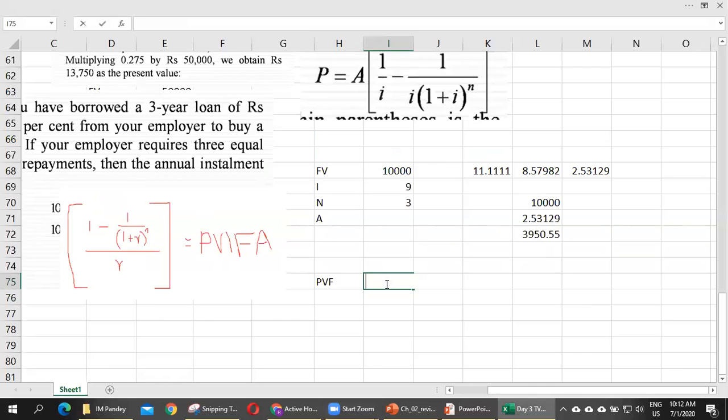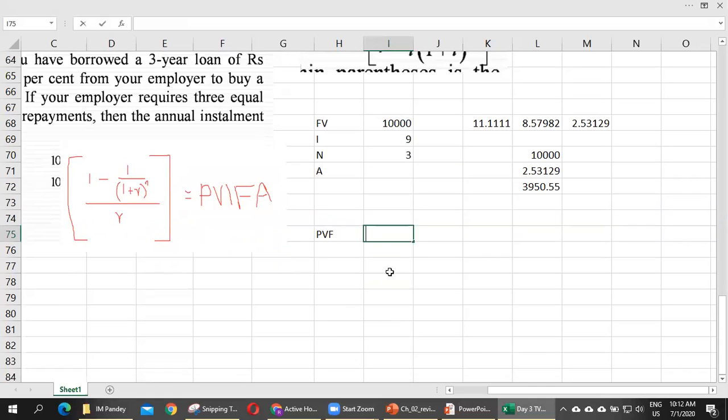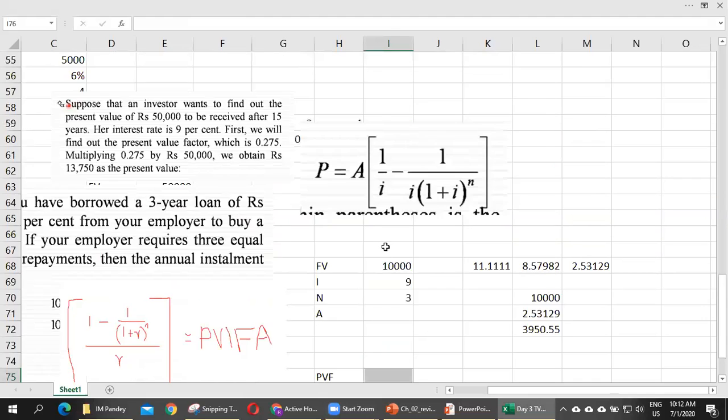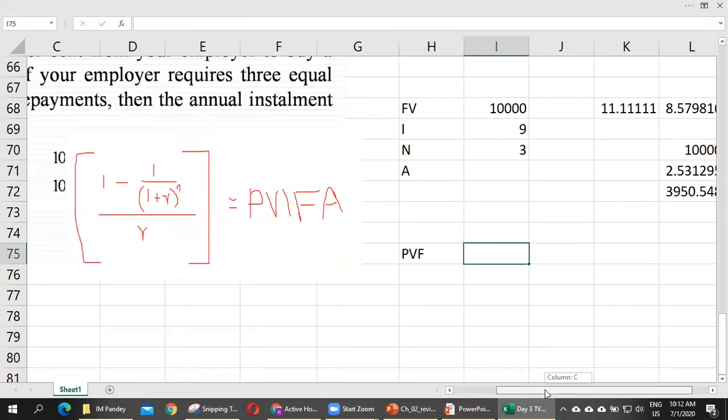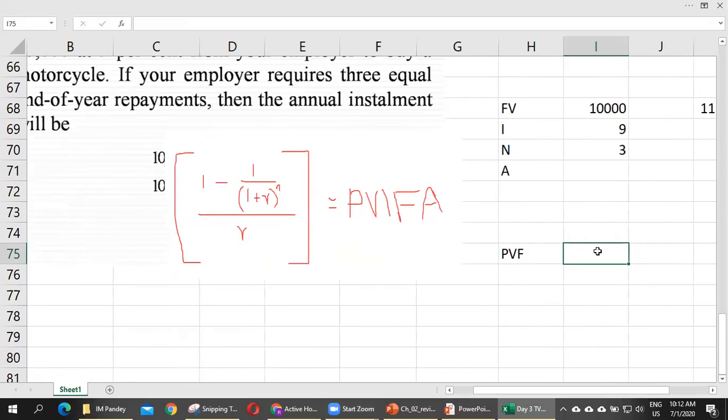I will do it again, right? First, according to this formula, we have to find the PVF, present value factor. That is easy: 1 over 1 plus R, that is 0.09, power 3 years.